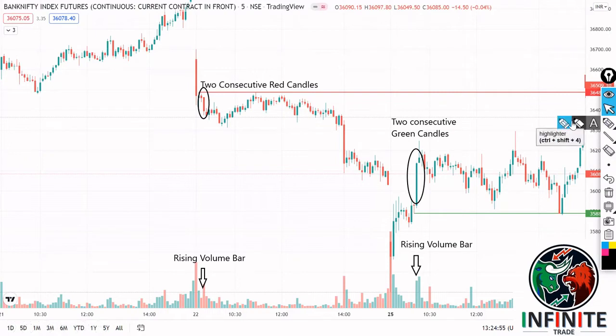How would we have done this? In this case, we identified two red candles, and the market immediately stopped here and retraced back to this range. We already discussed that if it's an accumulation phase or something like that, then we have to wait at least for 30 minutes.